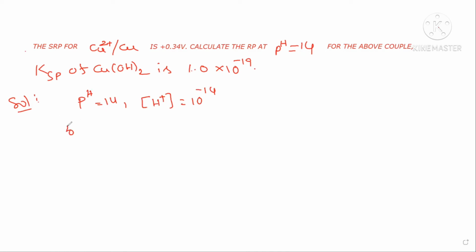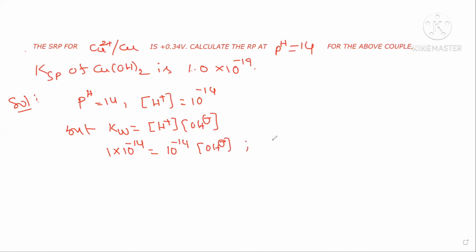But according to ionic product of water, H+ ion concentration into OH minus ion concentration product at 25 degrees centigrade, Kw value is 1 into 10 to the power of minus 14. H+ ion concentration is 10 to the power of minus 14, so OH minus ion concentration is equal to 1.